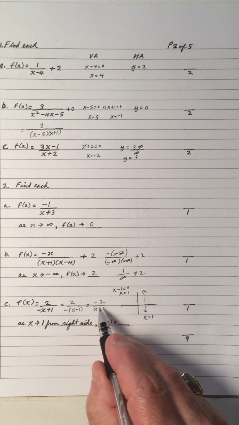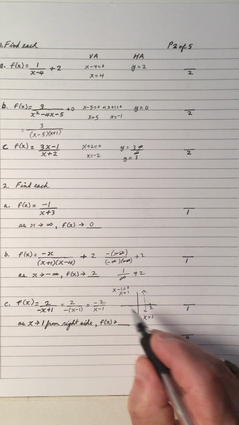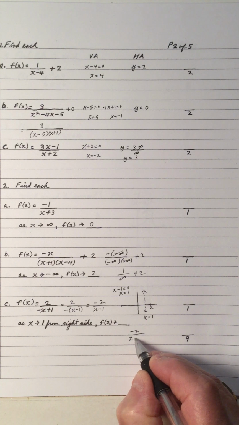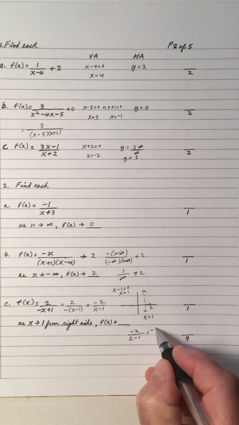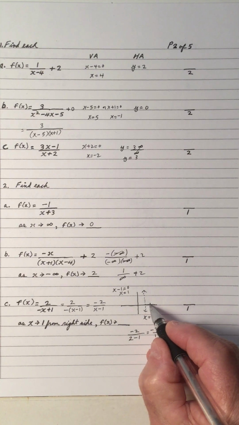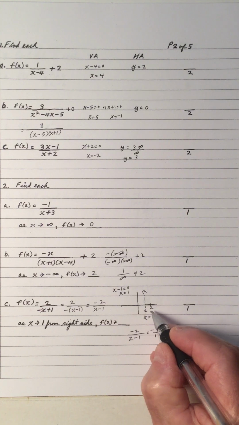So if you take a value of, say, 2 and plug it into this equation, you get negative 2 all over 2 minus 1. So negative 2 over 1 is negative 2. So when you have a 2, you have a negative 2. So let's say that point is right there, 2, negative 2.